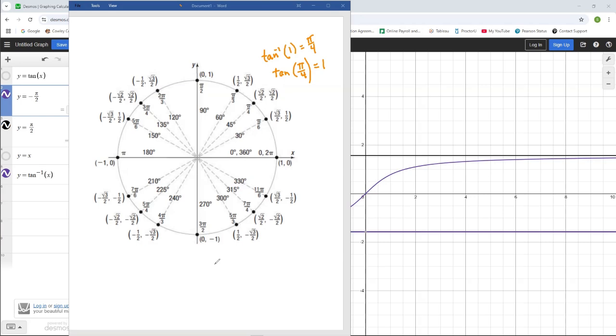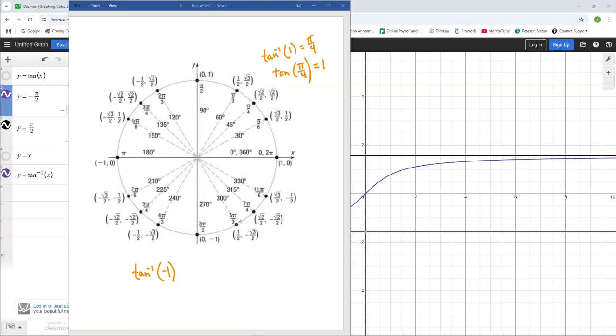So for instance, let's ask for the inverse tangent of negative 1. Okay, so there's two places where I could get a -1. One is here at 3 pi over 4. If I divide this number by its opposite, I get a -1. But it happens over here as well.